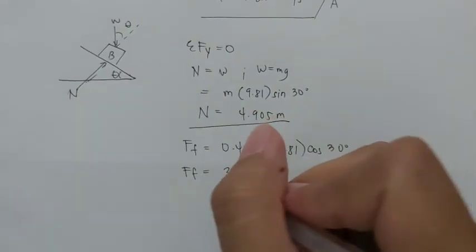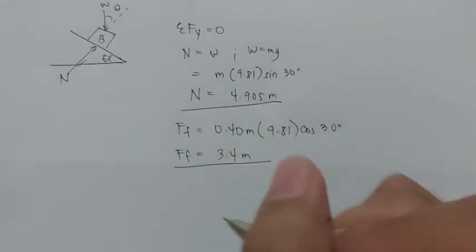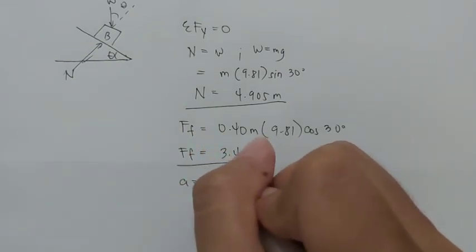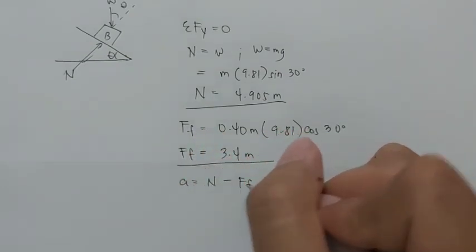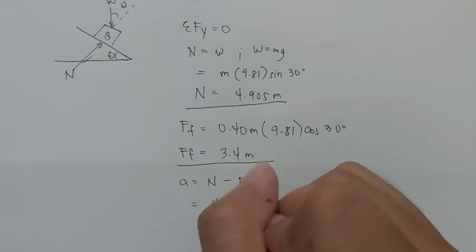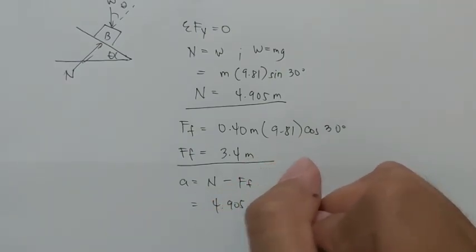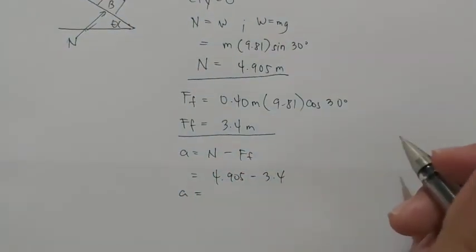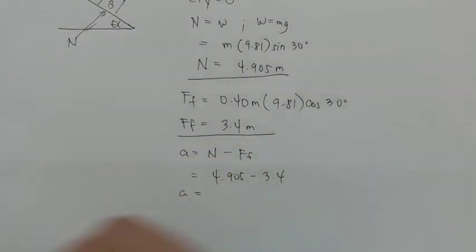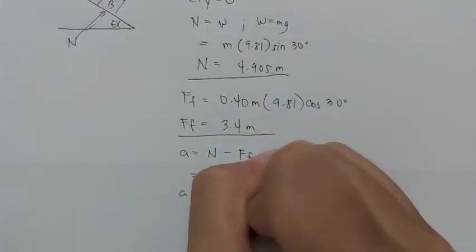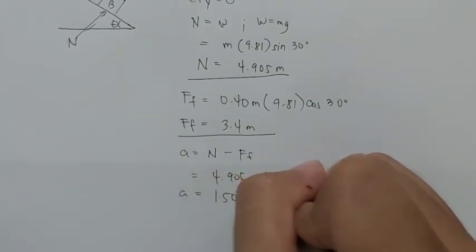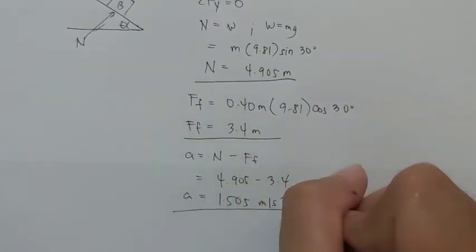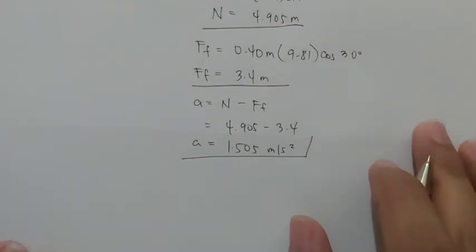Okay? So again, for the acceleration, normal force minus friction force. So we have 4.905 minus 3.4, where the acceleration is equal to 1.505 meter per second square. Okay.